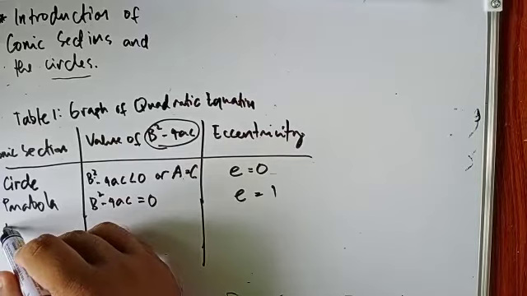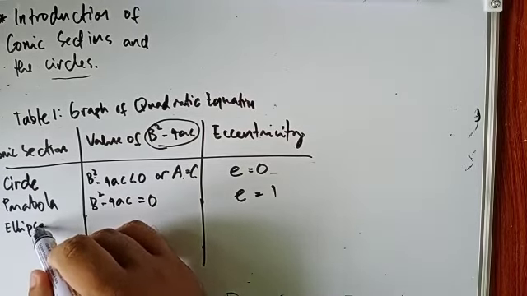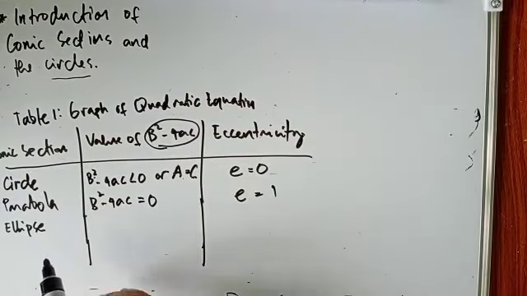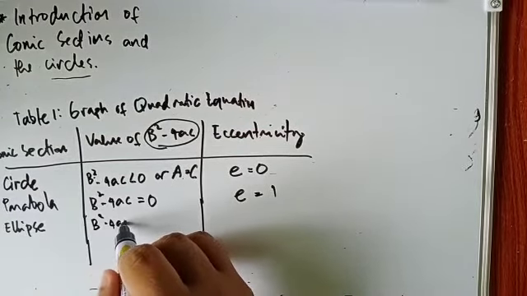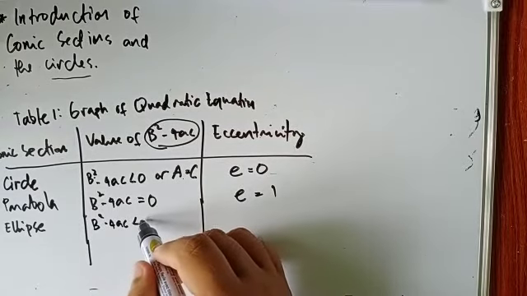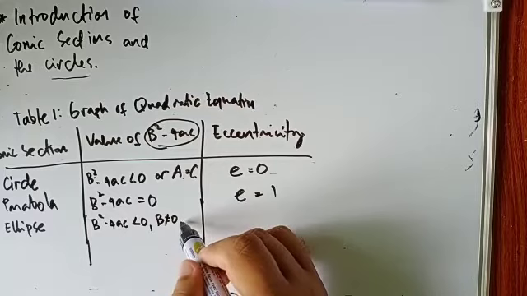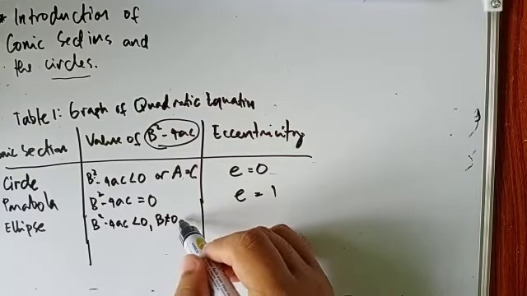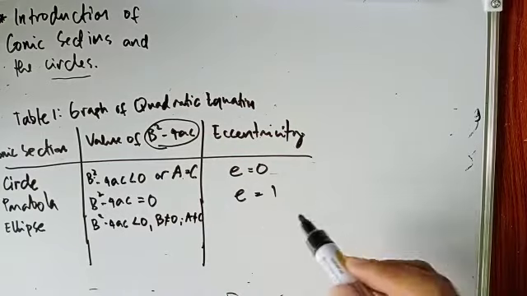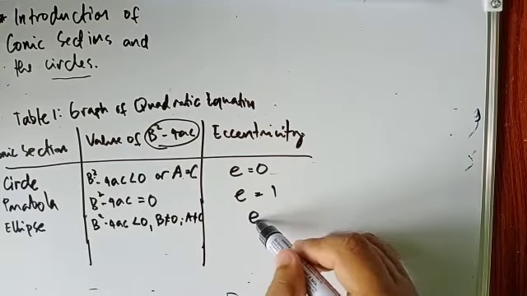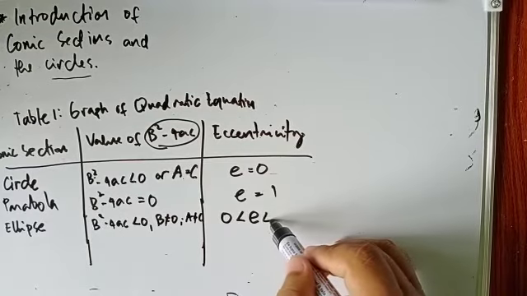So anyway, I will not be explaining that one to you na kasi tapos na yan. So ellipse naman, dapat yung b squared minus 4ac natin dito must be less than 0. Also, dapat B is not equal to 0 or A is not equal to C. Tapos, yung eccentricity natin dito dapat greater than 0 pero less than 1.